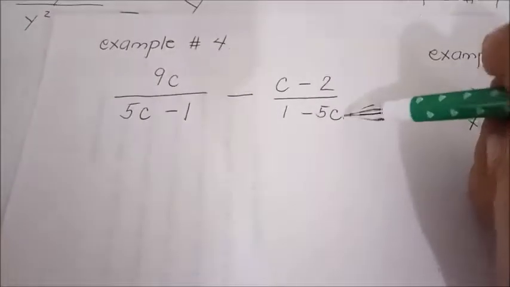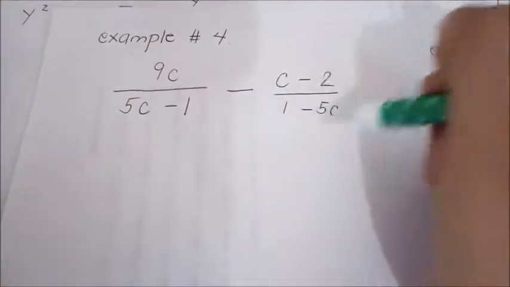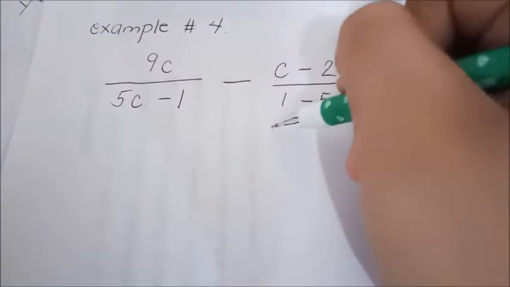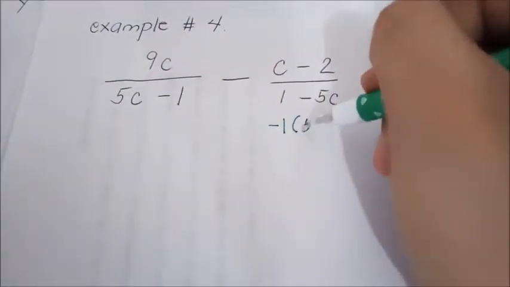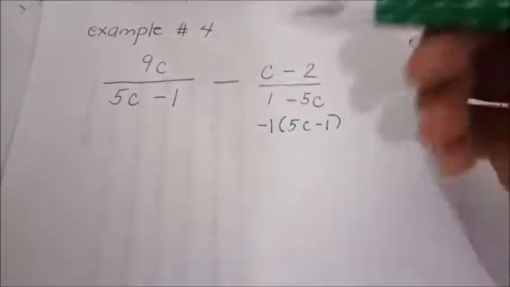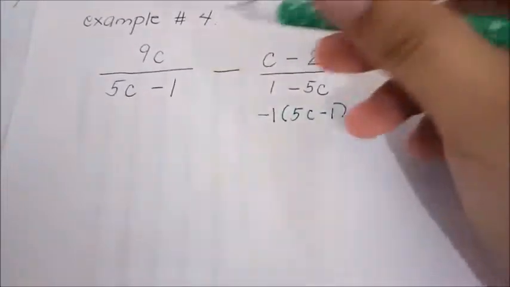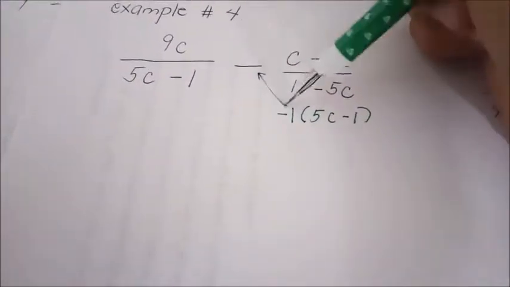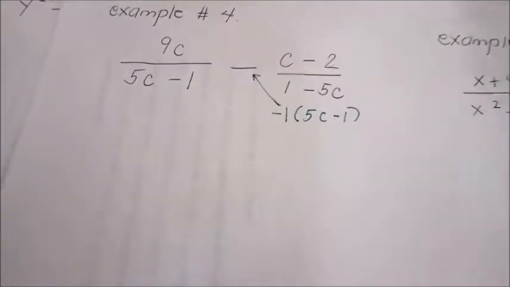Okay? So, if we factor out this one, it will become negative 1 times yung ating isang denominator, which is 5c minus 1. Okay? If you're able to factor out negative 1, all you have to do is to multiply this negative 1 to the middle sign para maiba siya.